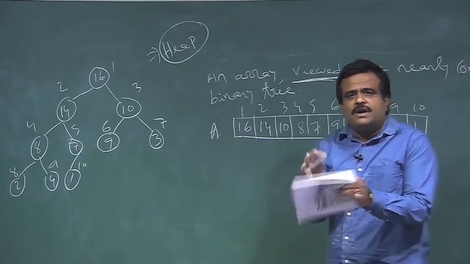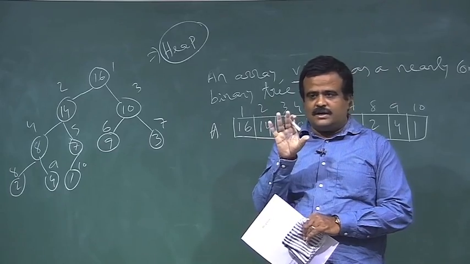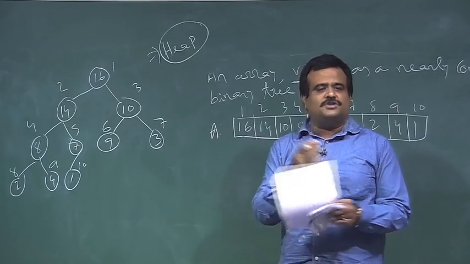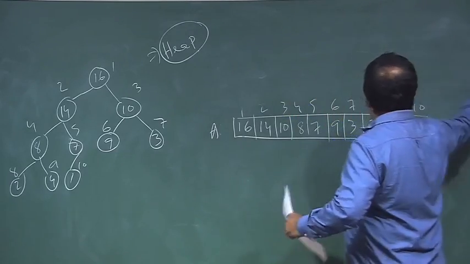In reality, we do not have this tree. If we need to do the tree implementation, suppose in C we want to implement a tree, what do we need to do?